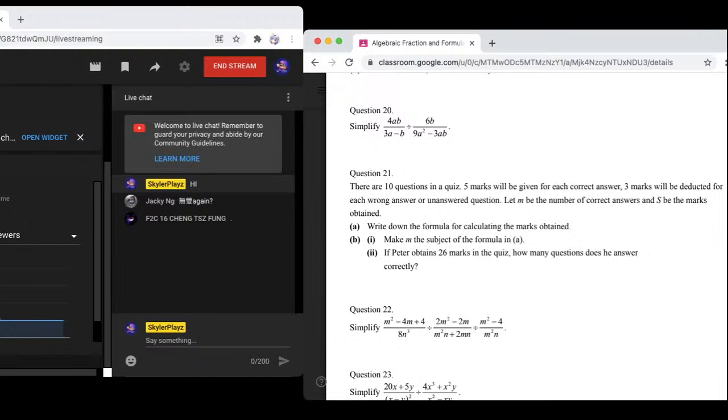Just do factorization a bit. 4m minus 15. Is that okay?